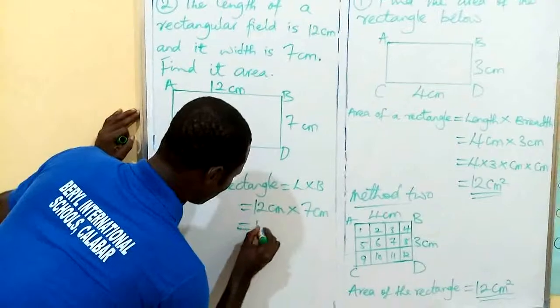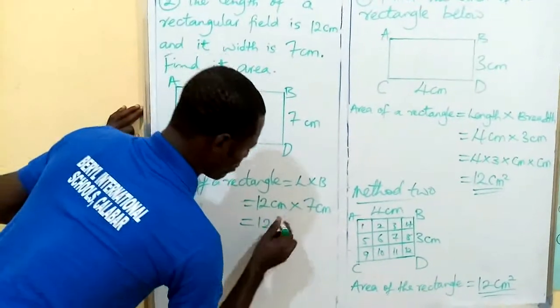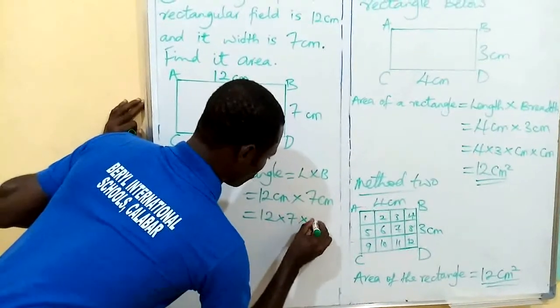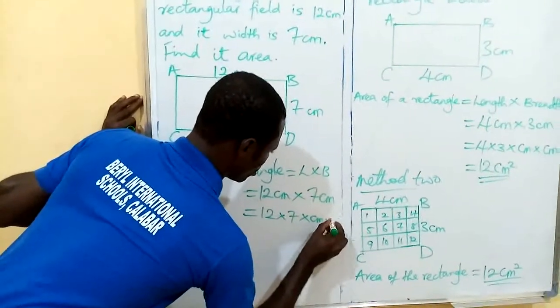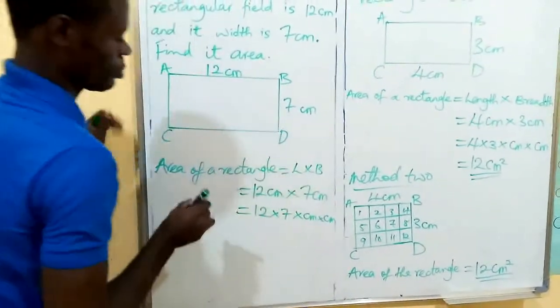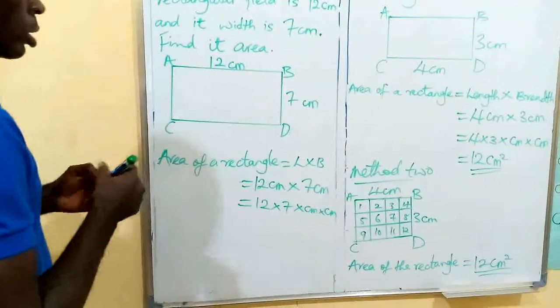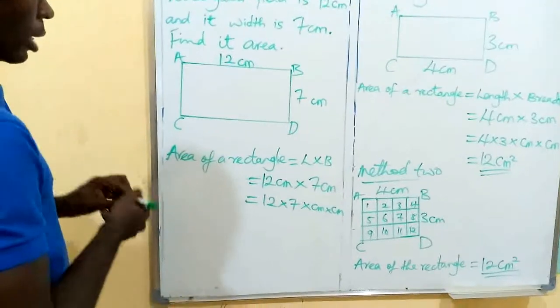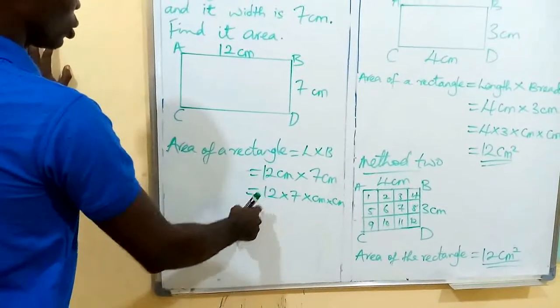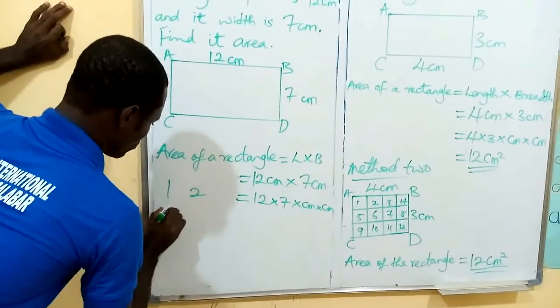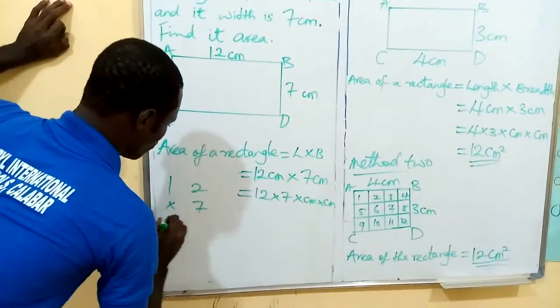So next we have here 12 times 7 times cm times cm. Alright? So 12 times 7 is what? That is 7 groups of 12. So we can use this other method, 7 times 12.